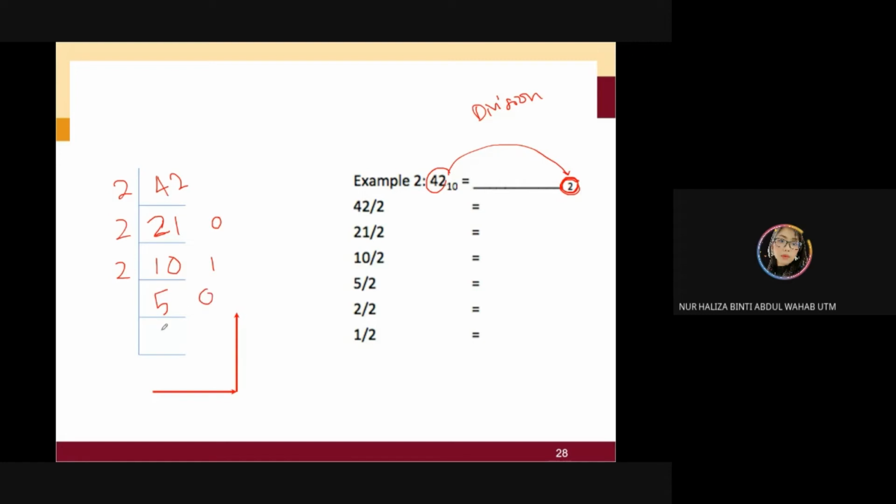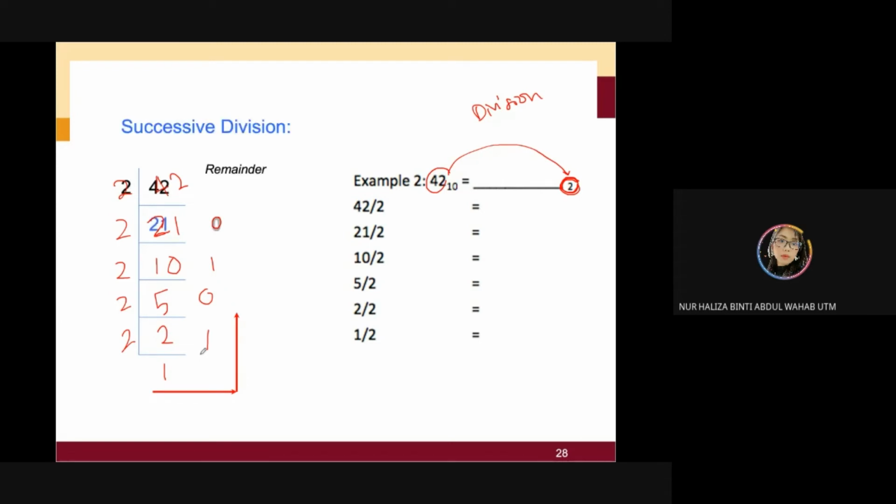no. And then you will divide again over here by 2, and there is remainder 1. After you divide, you will get 1. Over here, there is no remainder. So let's take a look.